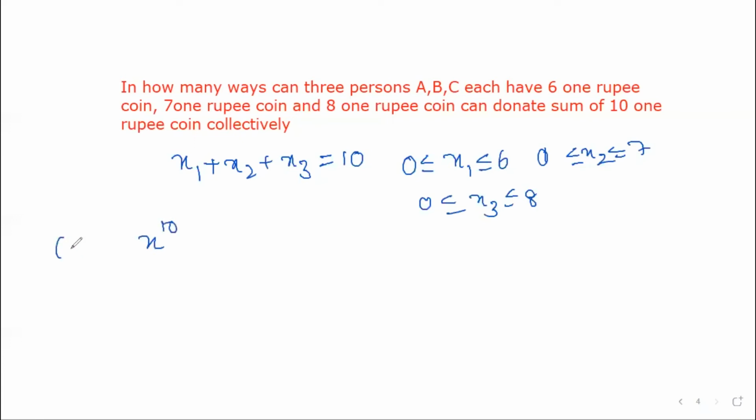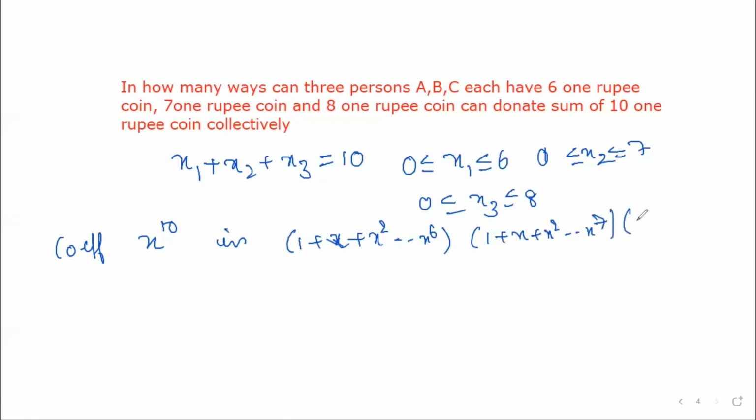So with these kind of restrictions, what we can do is we can find out the coefficient of x^10 in the expansion of (1 plus x plus x square till x^6), (1 plus x plus x square till x^7), and (1 plus x plus x square till x^8).